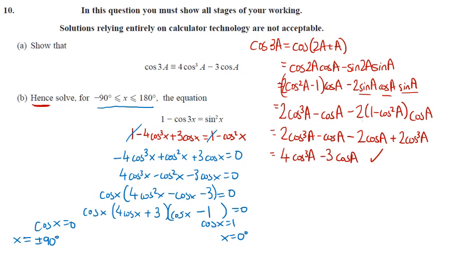And then the middle one, cos x is equal to minus 3/4, so x is going to be plus or minus inverse cosine of minus 3/4, which is 139 degrees. So we've got 5 values there.